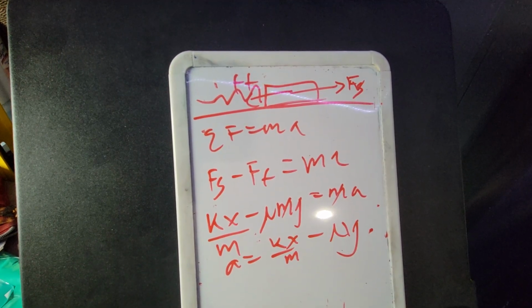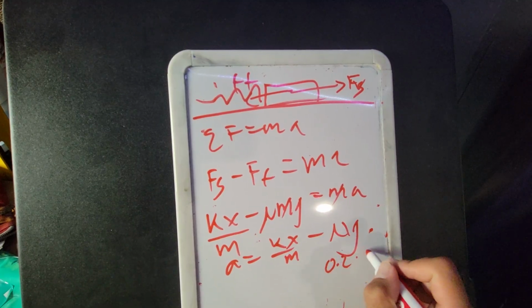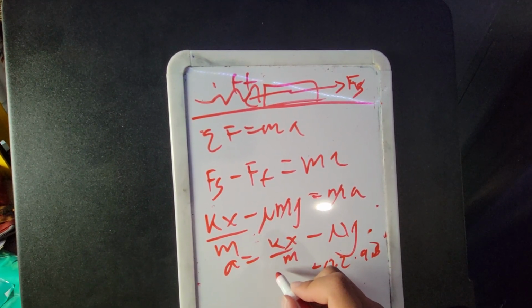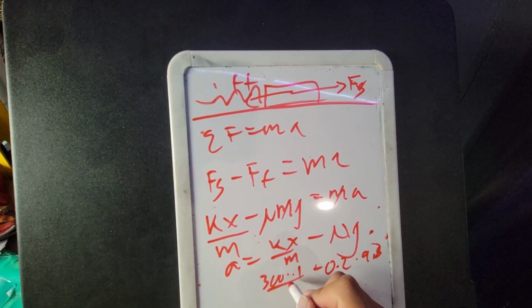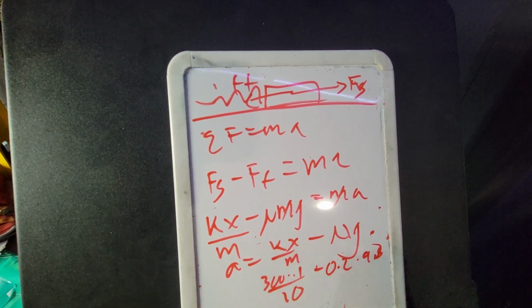And now it's just a matter of plugging everything in. So we get 0.2 times 9.8 minus 300 times 0.1 over 10.